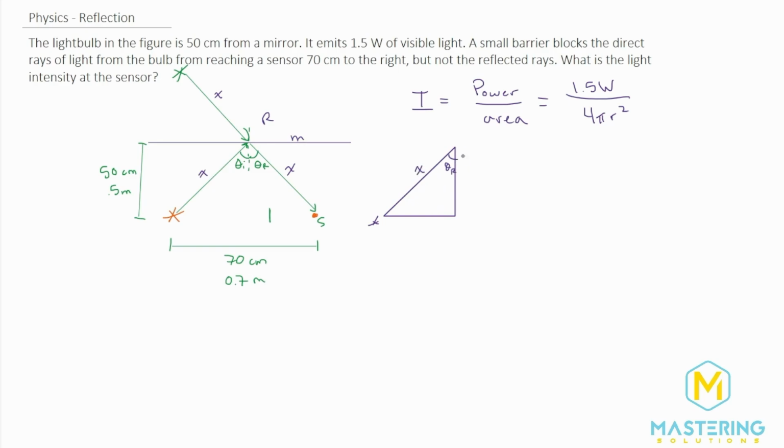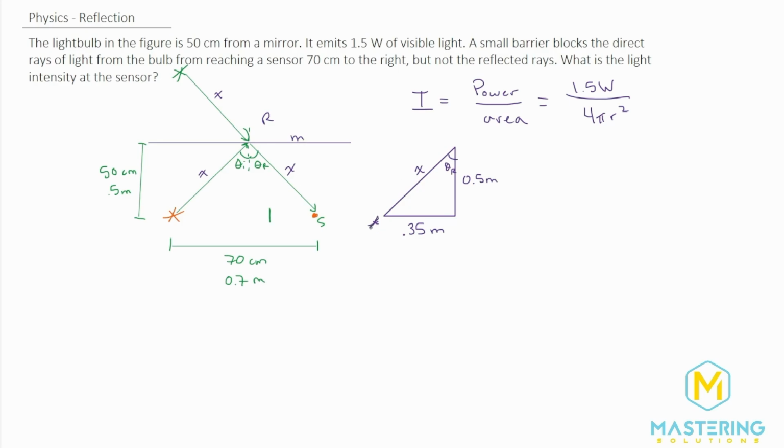We know that this height, because the light bulb is 50 centimeters away, is also going to be 50 centimeters or half a meter. And since the light is getting reflected exactly halfway between the two, and we know that the distance from the light bulb to the sensor is 70 centimeters, then that means this distance here is 35 centimeters or 0.35 meters.